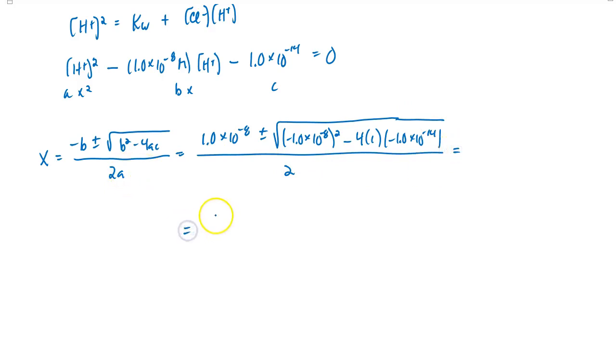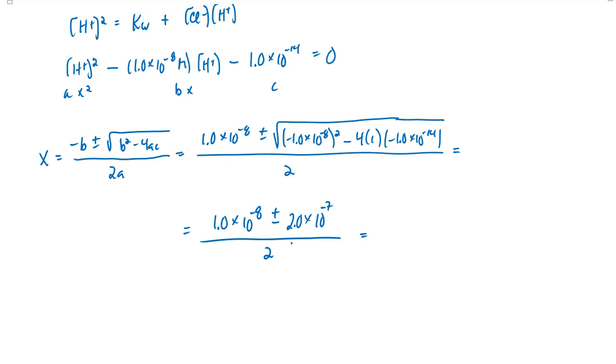And then that gives 1.0 times 10 to the negative 8th plus or minus. And then I did all the arithmetic here and got 2.0 times 10 to the negative 7th, all divided by 2. And the only sensible solution would be to add this number here, right? If we were to subtract, we would get an absurd value because the H+ concentration would be negative.